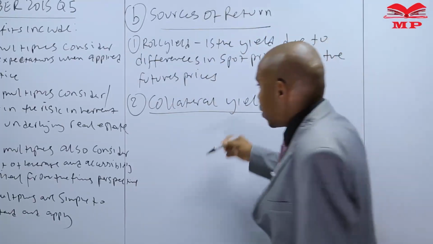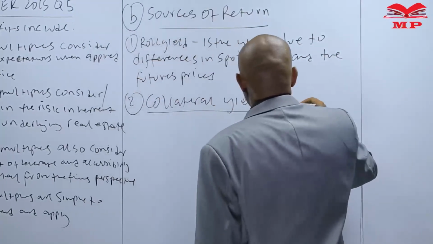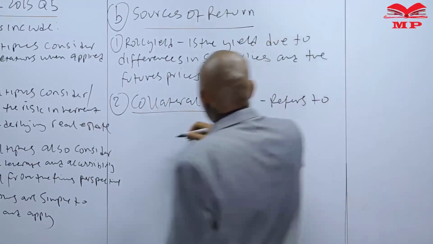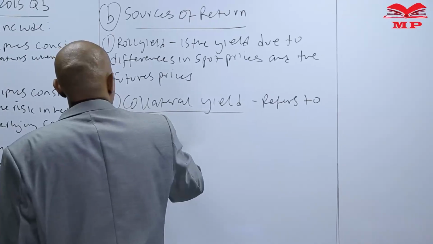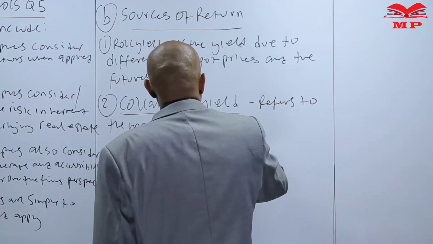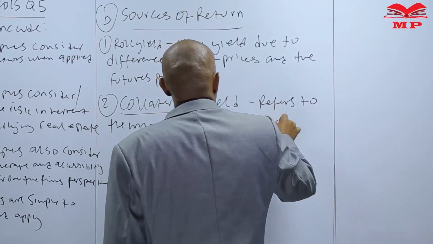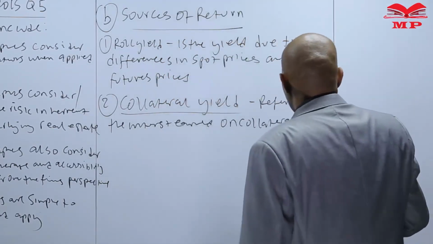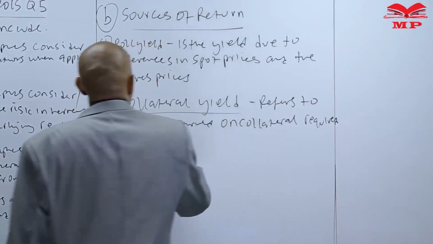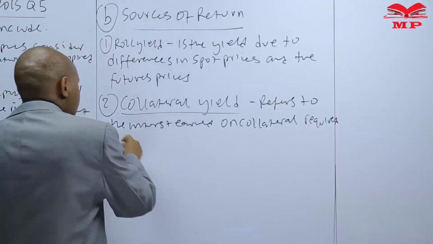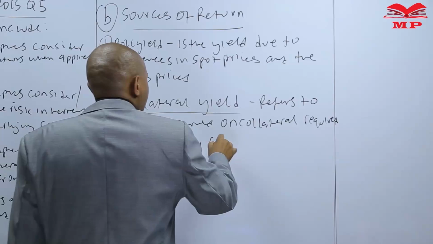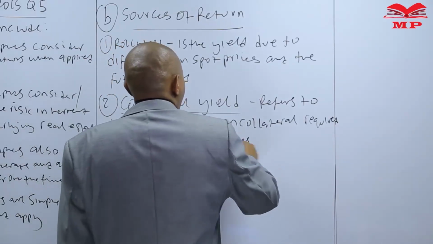We can see the following, that it refers to the interest earned on collateral required to enter into a futures contract.